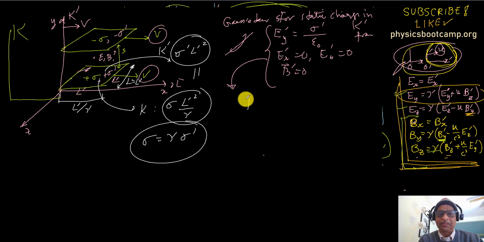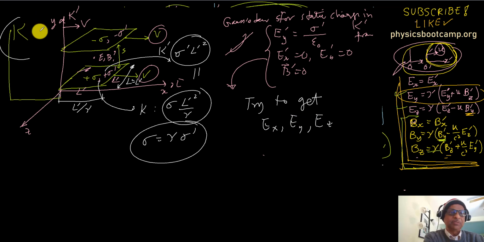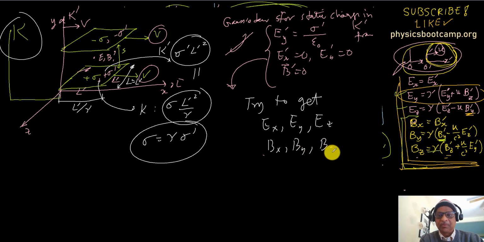So try to get Ex, Ey, Ez, and Bx, By, Bz, what you will see in the K frame. While the magnetic field is absent there, you will see the magnetic field is not absent here. The answer will be something like this.